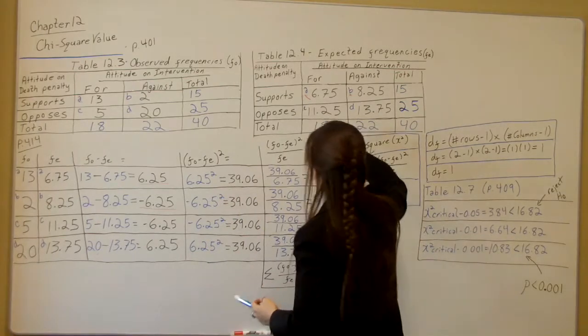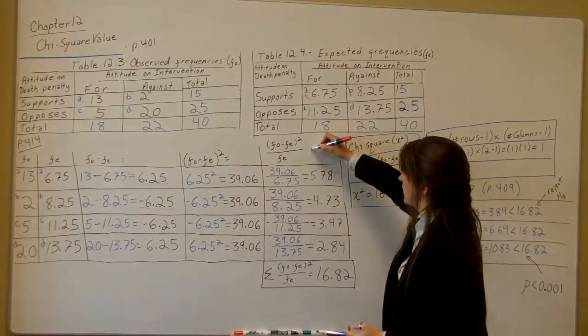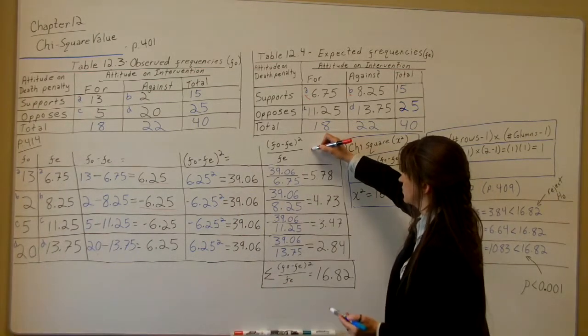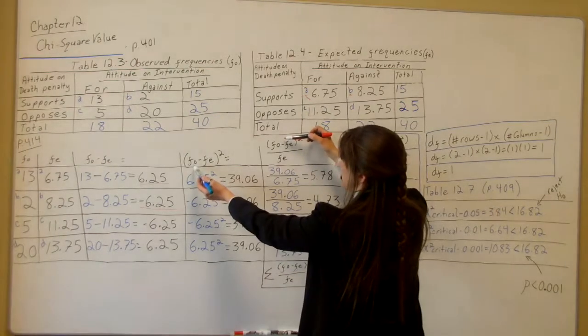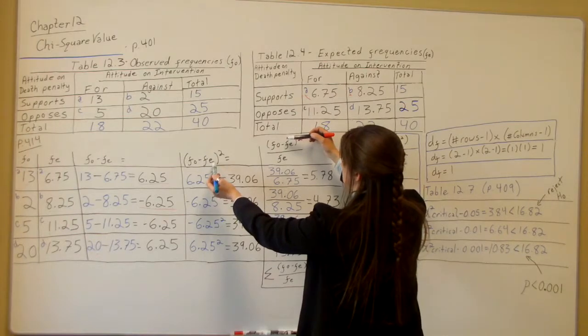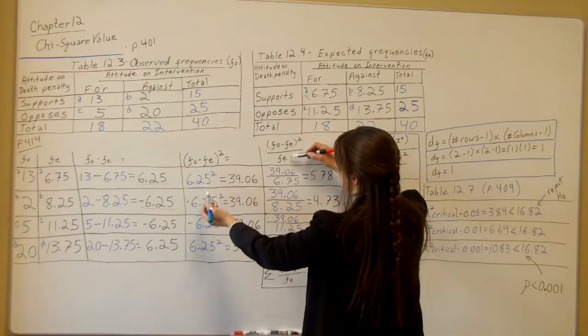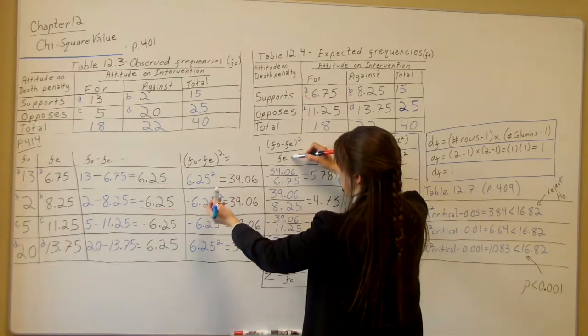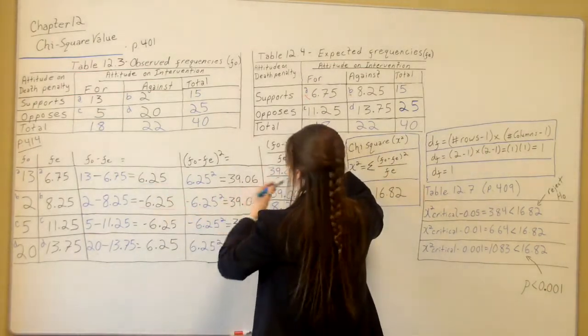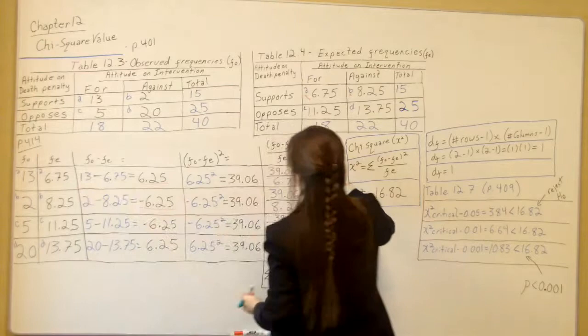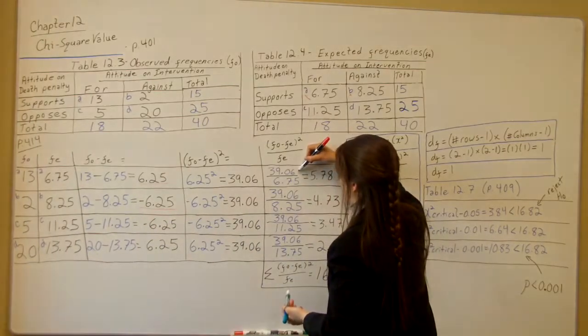Now for the next one, you're taking the answer we just figured out, the observed frequency minus the expected frequency squared, on top, with the expected frequency on the bottom. The reason I work across in rows and top to bottom is that you have to look across the row to figure this out, because it's per row.